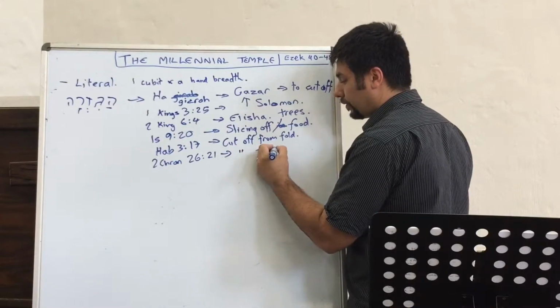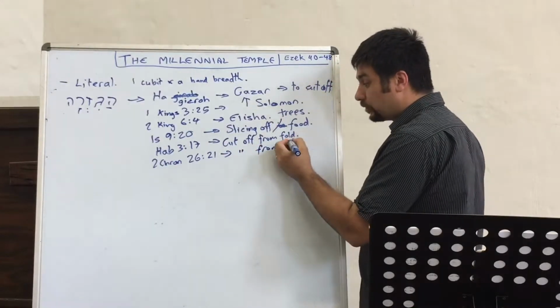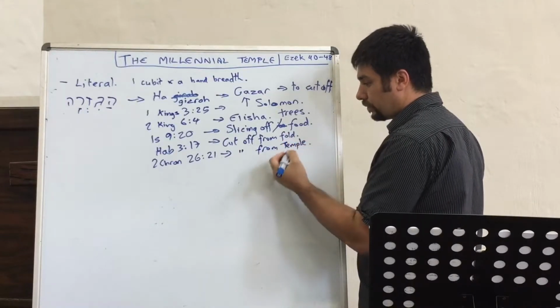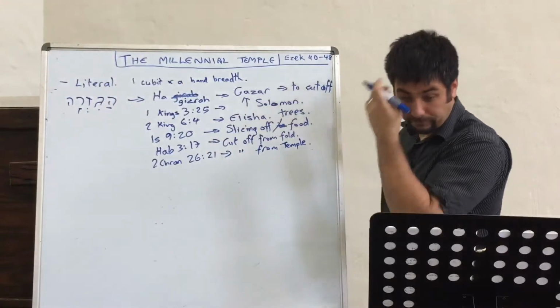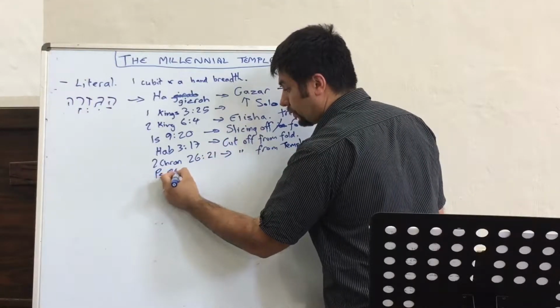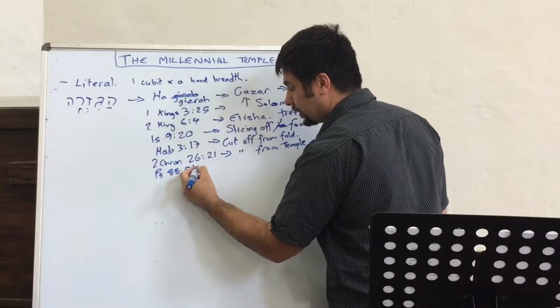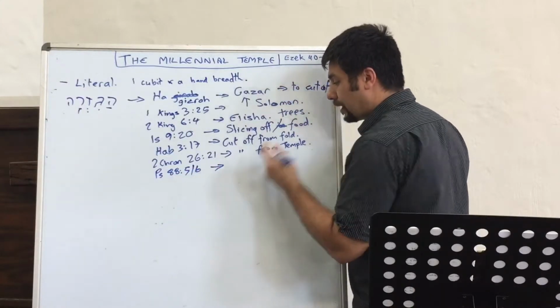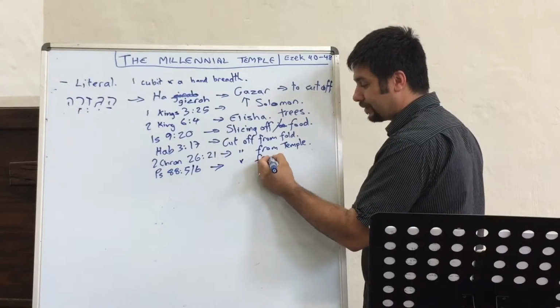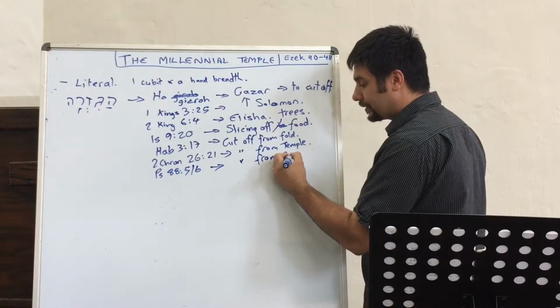So it's about exclusion. Psalm 88 verses 5 or verse 6 speaks about being cut off from God's hand. No access, excluded.